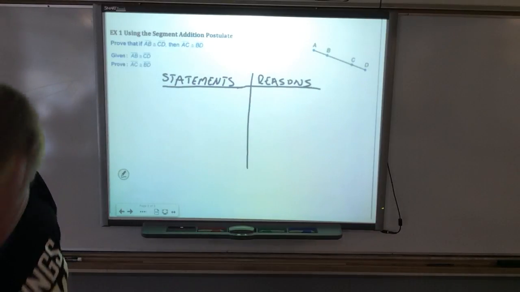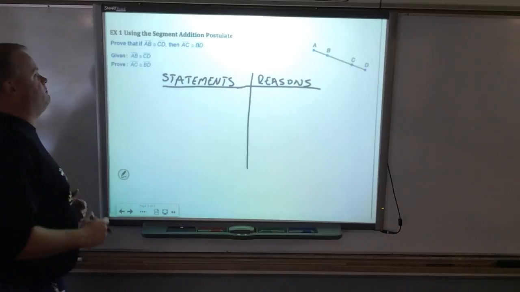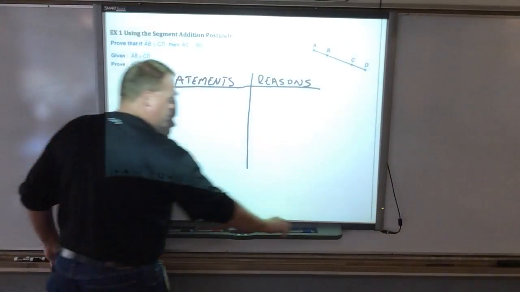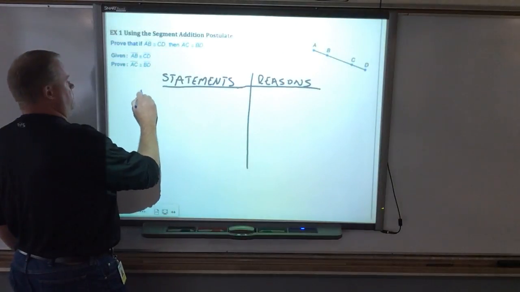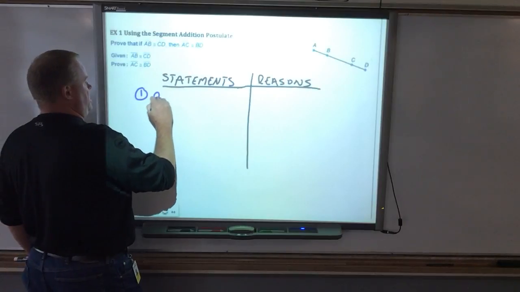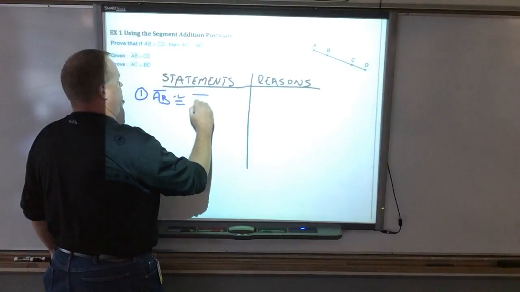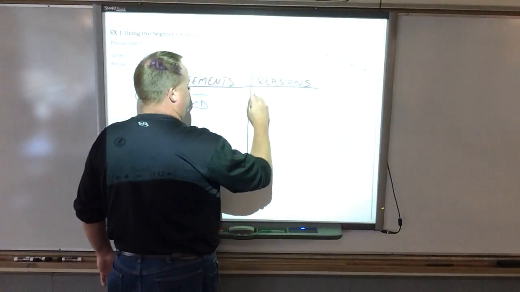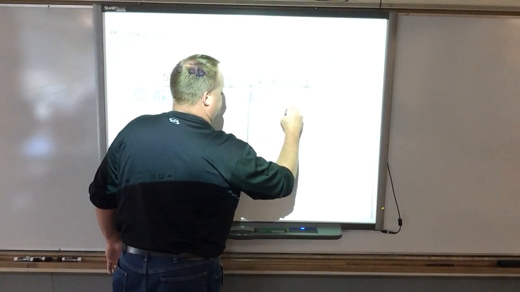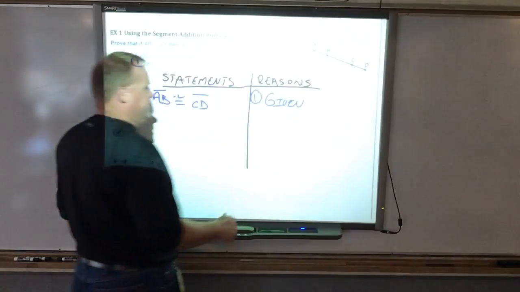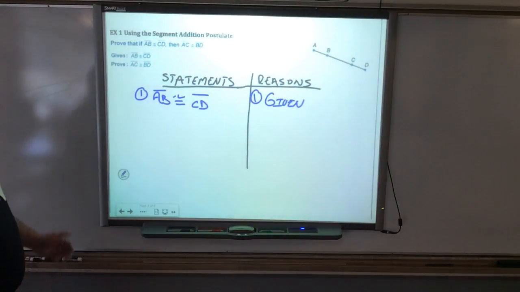All right, so the first thing we talked about, the first thing we want to write is our given. So we're going to write the given. Line segment AB is congruent to line segment CD. And why? Because it's given to us. And what does that mean?